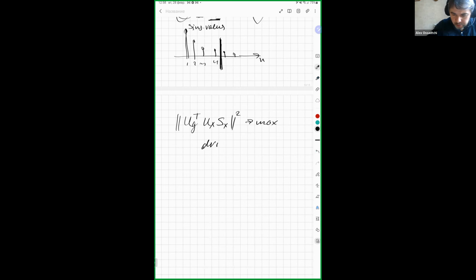We dropped SX for the reasons I just described, and we basically have UG transpose UX squared, and we want this to be maximized, right? Now, here's a trick.